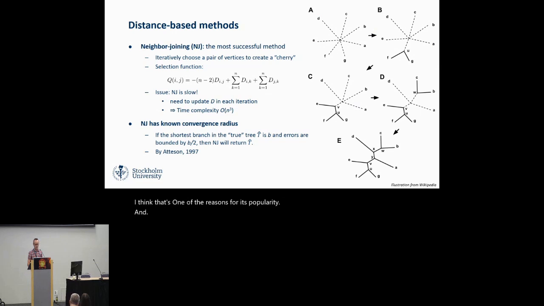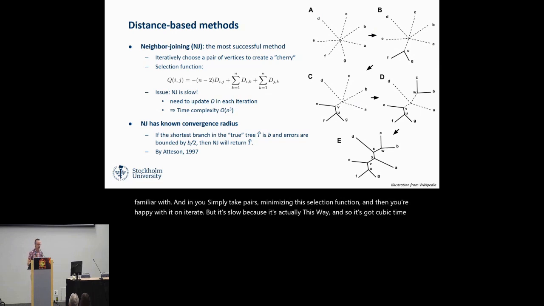It's based on this selection method that we're probably all familiar with. In neighbor joining, you simply take pairs, minimizing this selection function, and then you iterate. But it's slow because it's iterative, and so it has cubic time complexity.